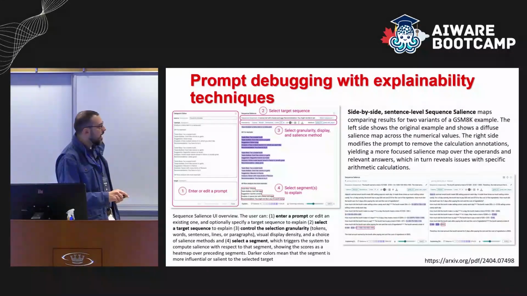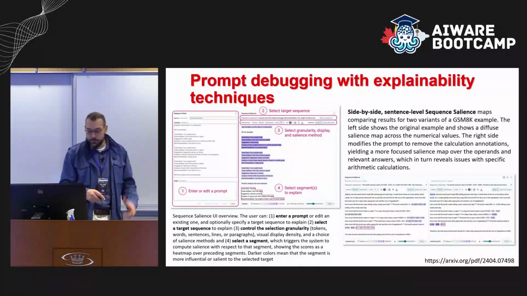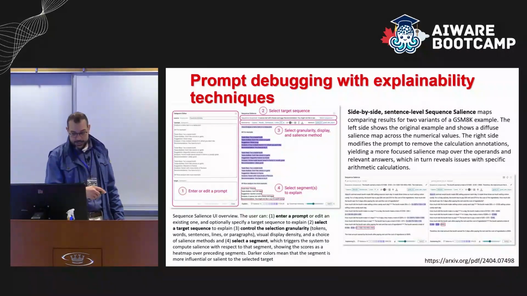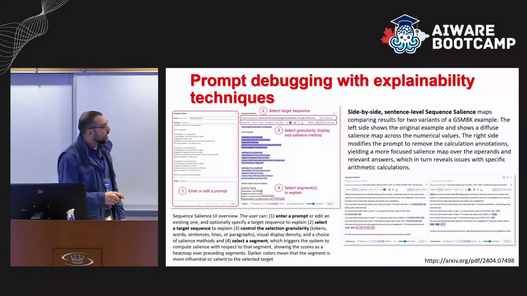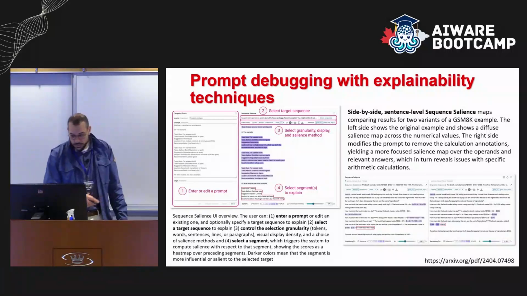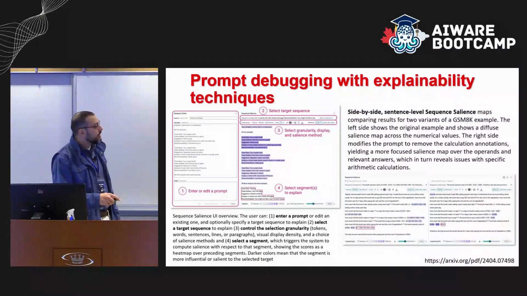So here you have basically a prompt editor where you're gonna write the prompt. And then you're gonna have multiple sequences that are generated and you can select them here, okay? And then you're gonna have these colored sentences where stronger colors mean this is contributing more to the output than these lighter colors here, okay?